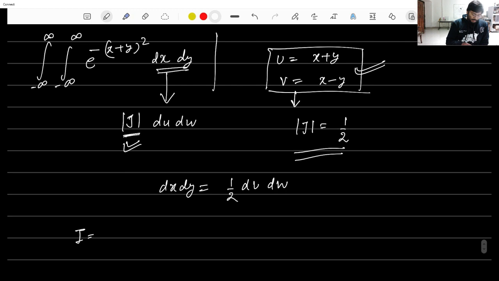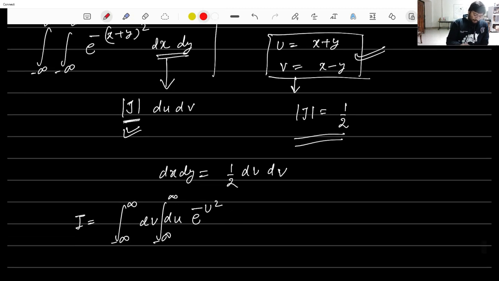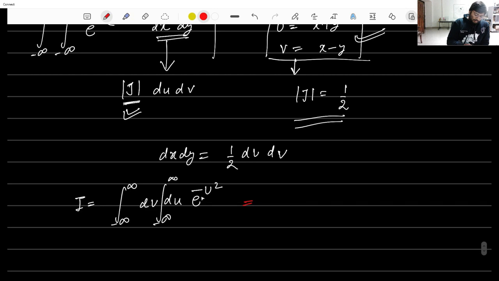So the integration is minus infinity to plus infinity, dv du, this integration e to the power minus u square, fine. So here you see that this du integral is finite and its value is root pi, correct? This is the normal Gaussian integral which we have already derived in the first part of this chapter.